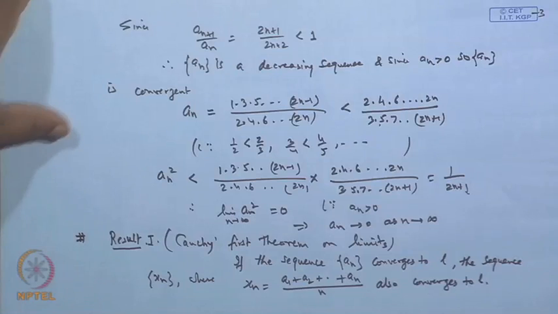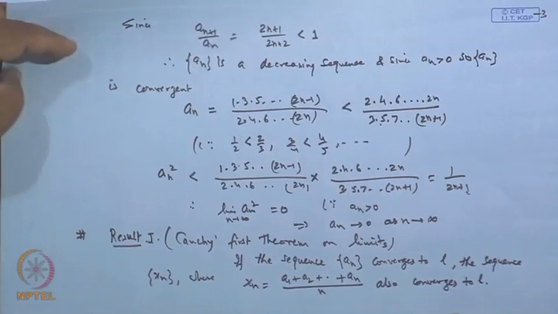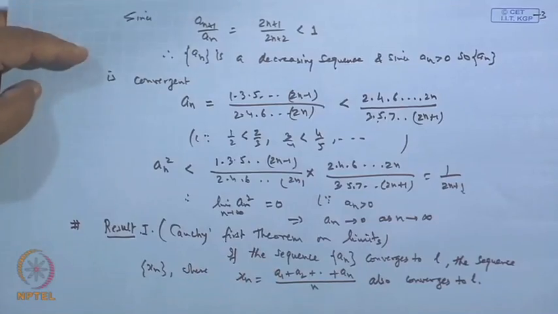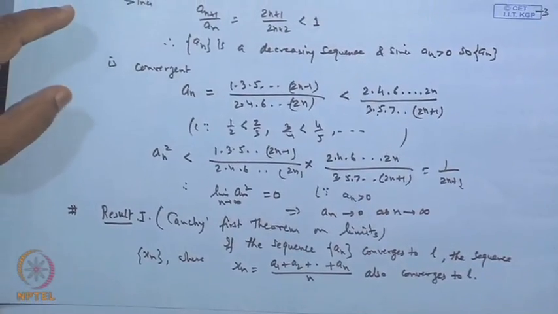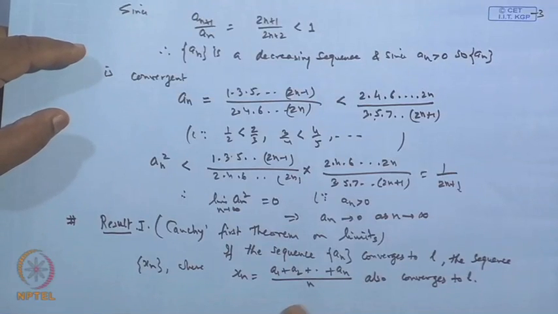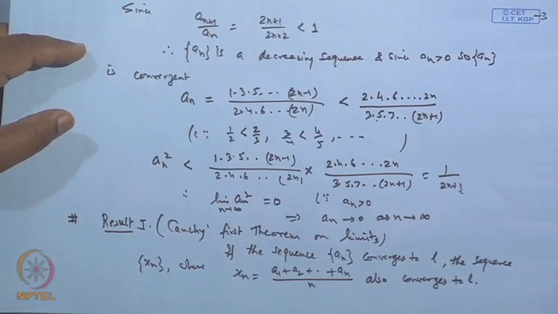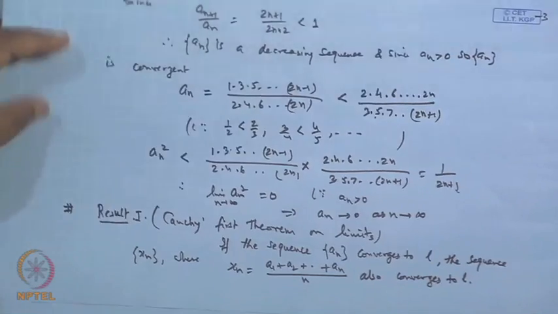Okay. We can put it as an exercise also, but because this is a standard result, we can put it as result 1. So, what it says is, if a_n is a convergent sequence, then their mean, the arithmetic mean basically, of this will also converge to L. That is the first result.